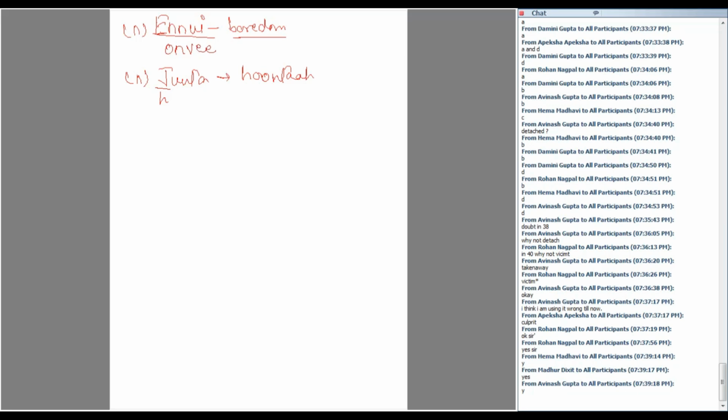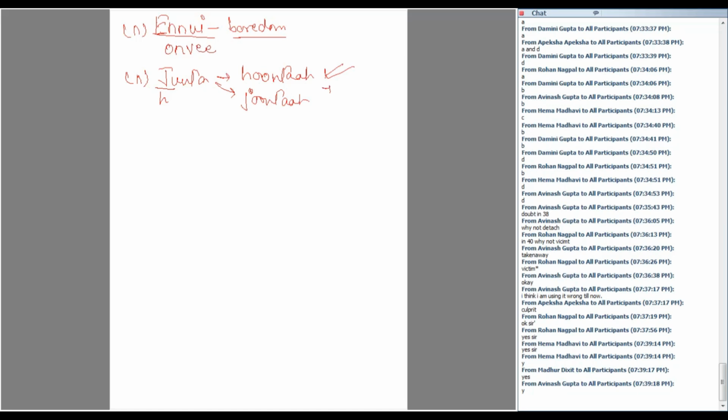But this is not preferred. The preferred pronunciation of this word is hunta. What is junta? Anyone has any idea? A military government. Yes, a military government.